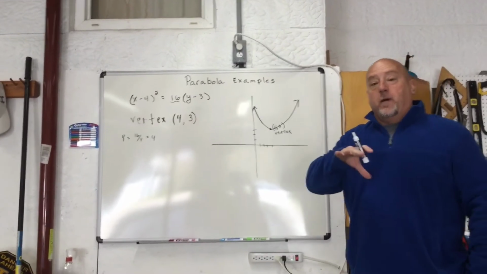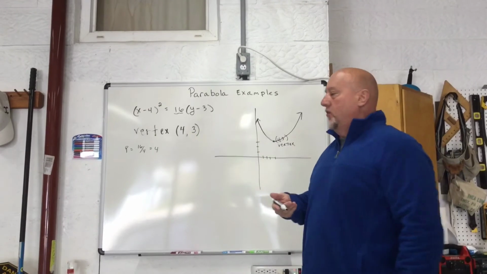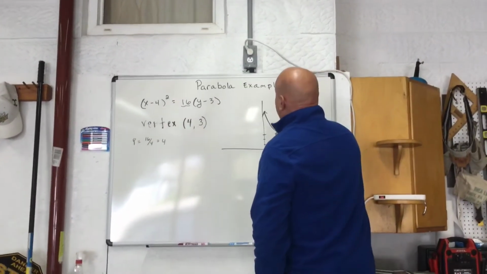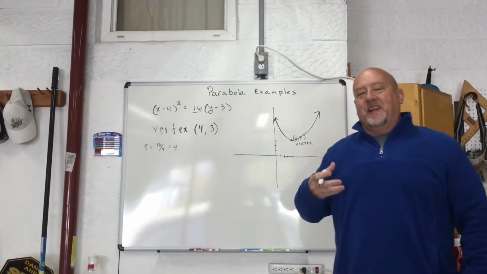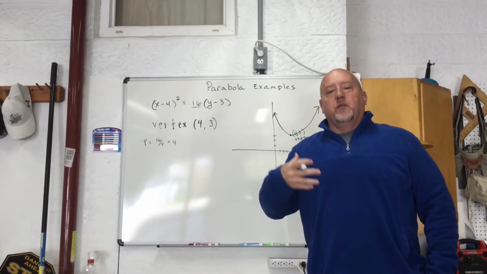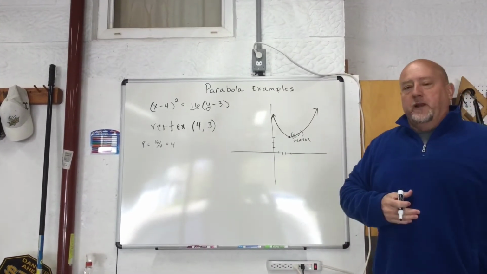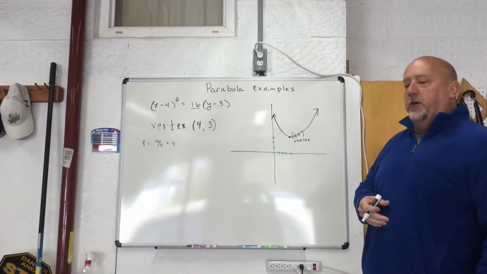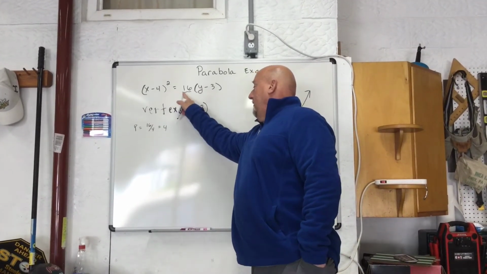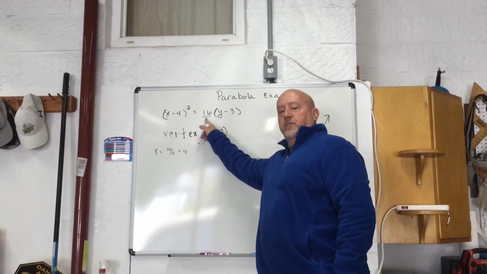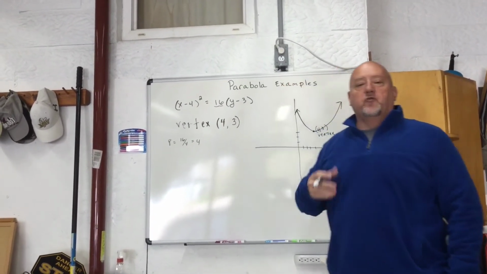Again, referring back to your PowerPoint, one of the major things is something called the focus of the parabola. The focus of the parabola is a point that's always inside of the parabola that lies on the axis of symmetry. To find where that point is, I have to find the value of p. And to find the value of p, I'm always going to take this number divided by 4. So in this case, my value of p is 4.